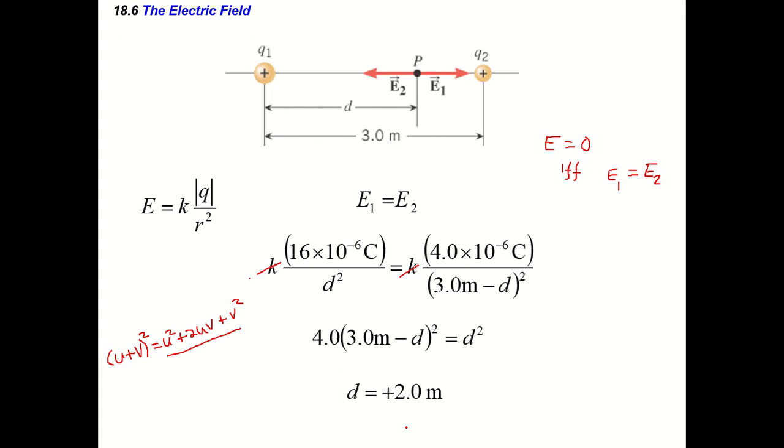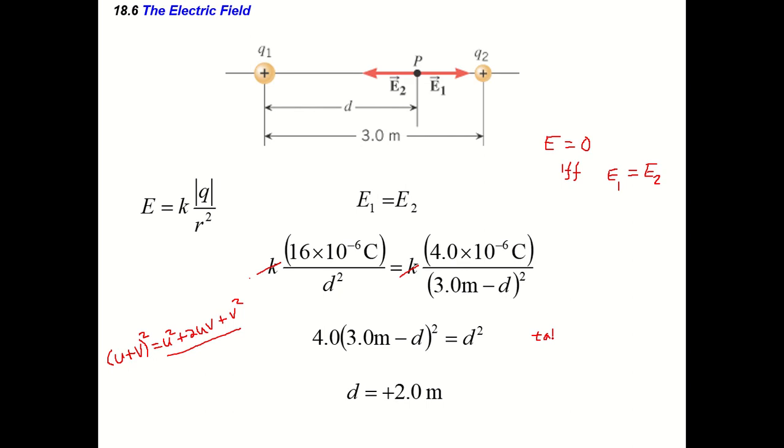Or another way is, I think you can take square root on both sides. So when you take square root on both sides, let us try if we can do it now.